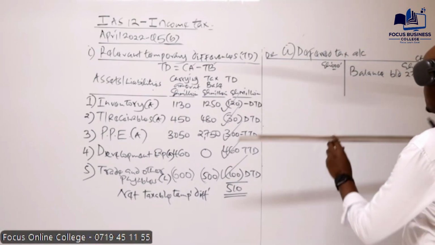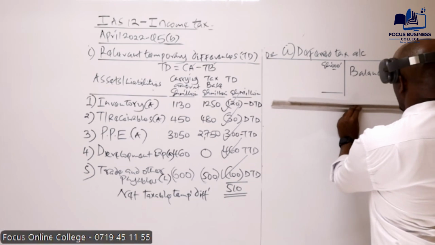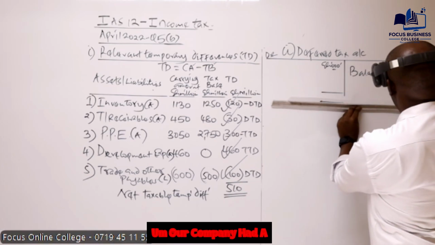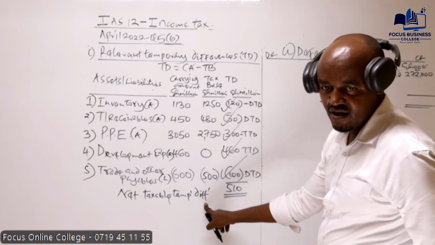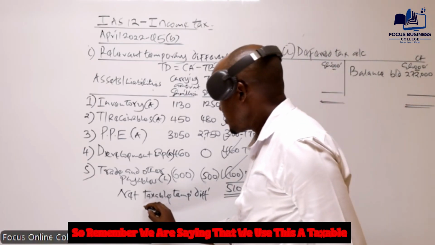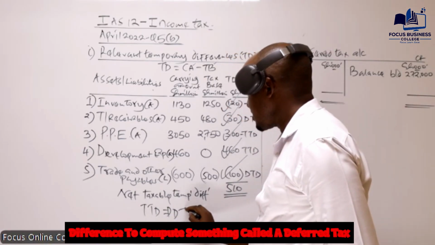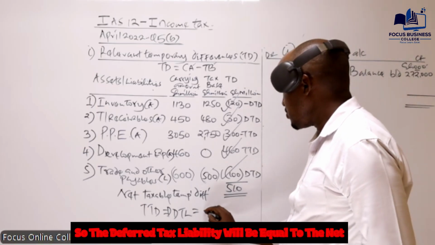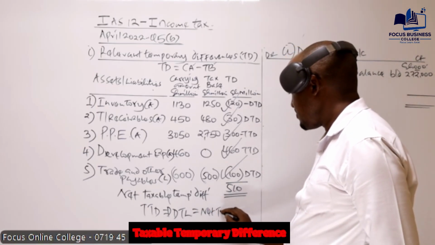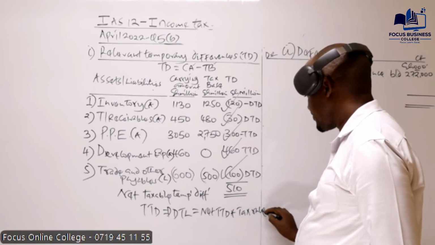Then, at the end of this year, recall from what you have done in Roman 1, our company had a net taxable temporary difference. We use this taxable temporary difference to compute the deferred tax liability. So the deferred tax liability will be equal to the net taxable temporary difference multiplied by the tax rate.